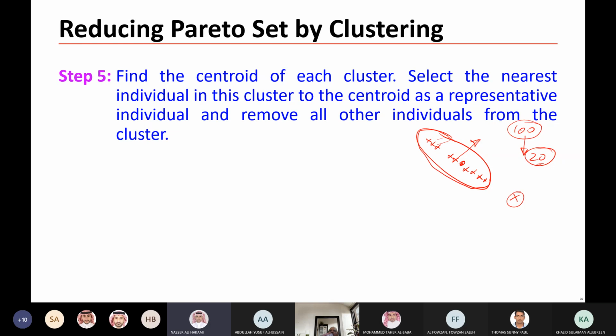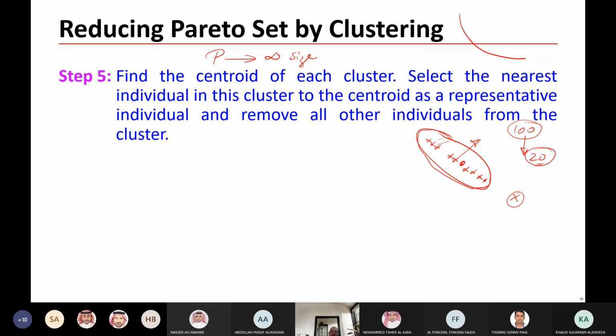Yes. What is the minimum number of clusters? This is a key parameter that you can set. As I mentioned, the Pareto set could reach infinite size. You have hundreds of solutions, all are non-dominated solutions.